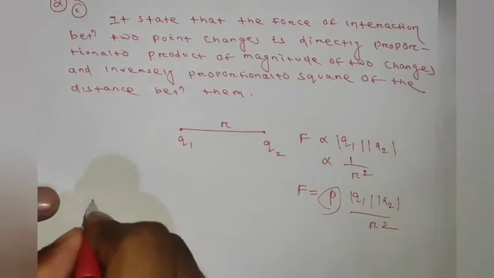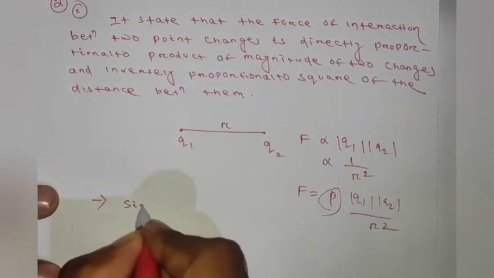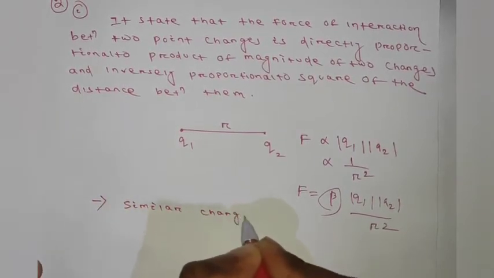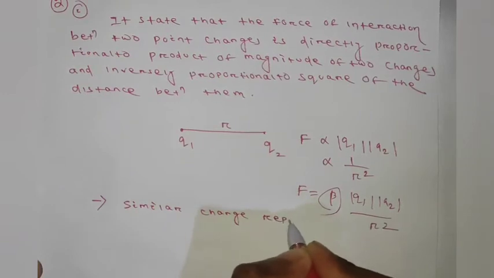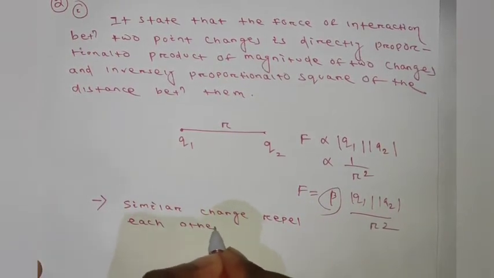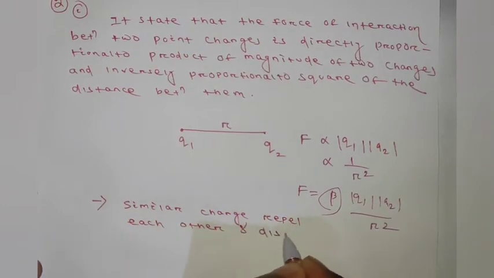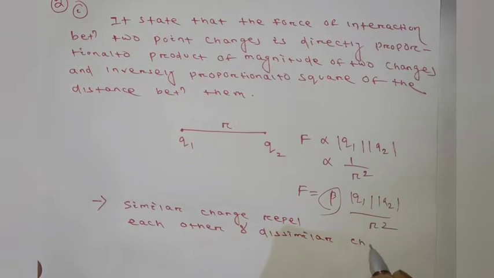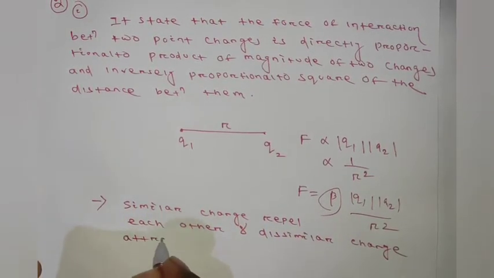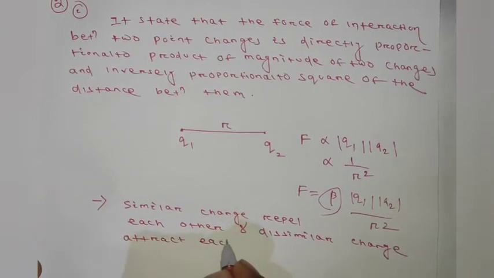So simply we can write: similar charges repel each other and dissimilar charges attract each other.